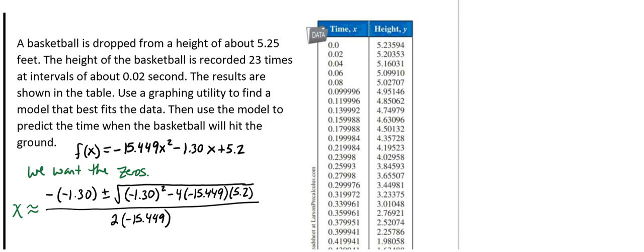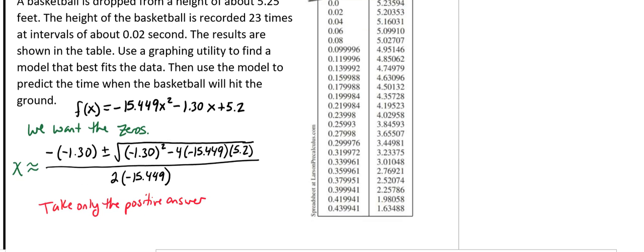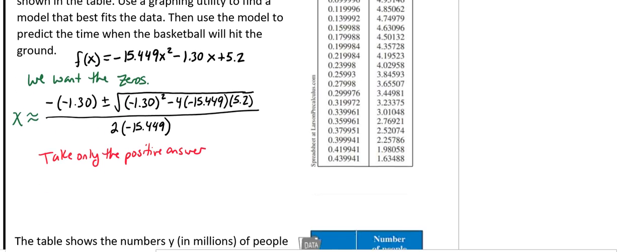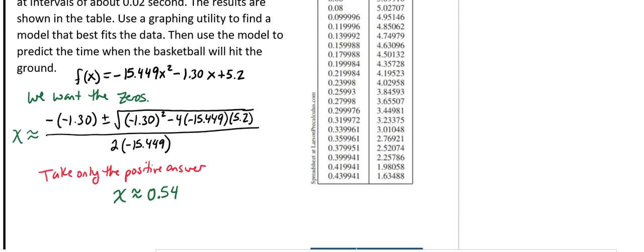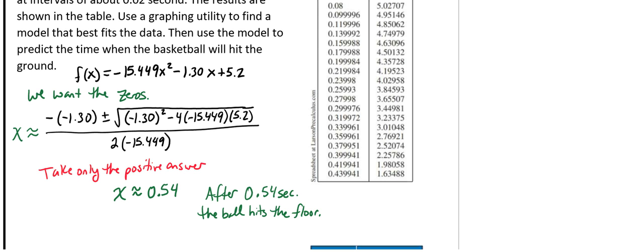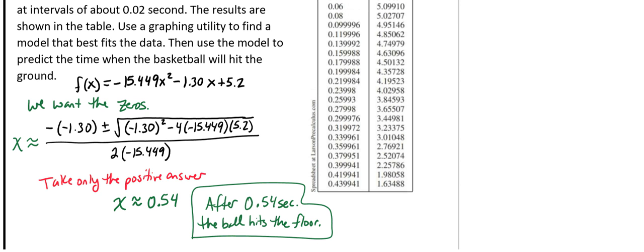So for our answers, you'll notice that one is positive and one is negative. Well, we're only going to take the positive answer. And so we're going to have x is approximately 0.54. Now what that means is that after 0.54 seconds, the ball will hit the floor, which is our solution. And we're done.